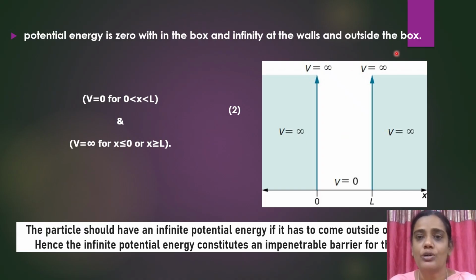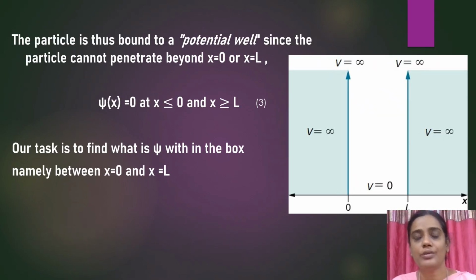It cannot cross over. Therefore, we can say this is a potential well problem. Therefore, the particle is a bound particle within the potential well. And the boundaries are, as I told you, x equal to 0 and x equal to L.